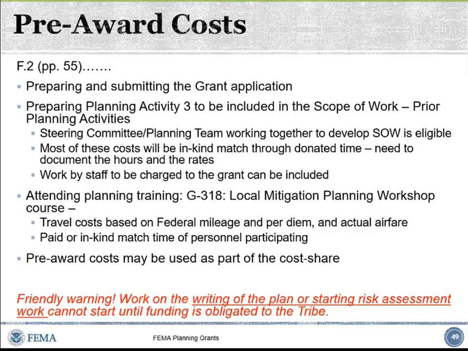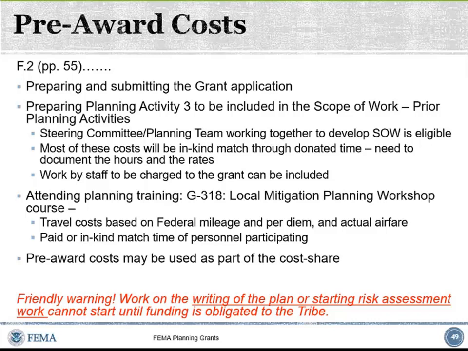You can't start doing the hazard mitigation plan itself beyond that. You can't start working on the risk assessment. You can't start developing a vulnerability analysis. But up to step 3 in that scope of work of planning tasks, where you're looking at the existing planning plans that have been developed, and you're looking at other reports and the like, and you're trying to decide what you want to do in your scope of work.